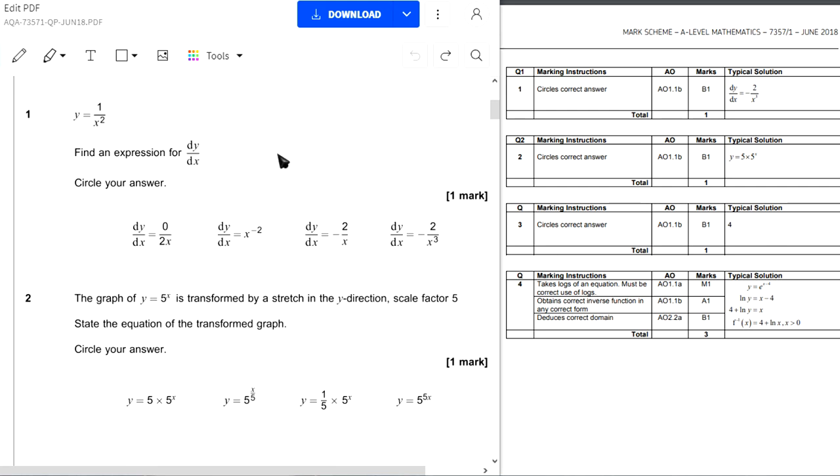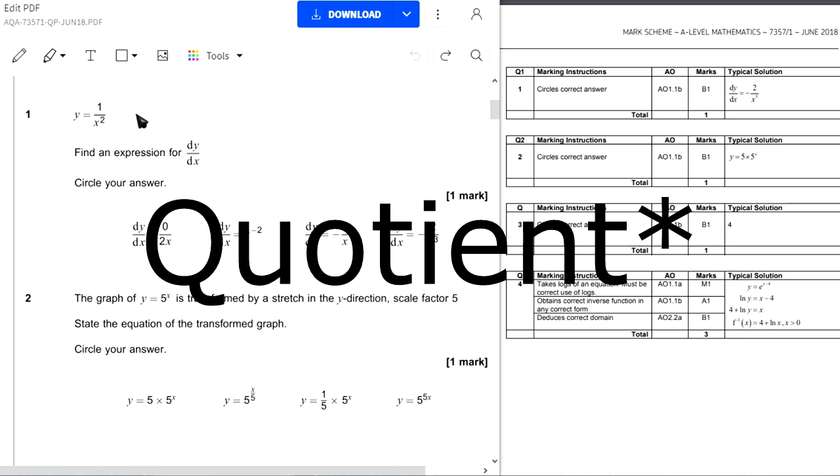Question 1. These first few questions aren't going to be difficult. They're all going to be 1 mark, but you can always save time on these kinds of questions. There's usually a better way to do something. Looking at this, you see the fraction and you may think, oh, I've got to differentiate using the product rule.